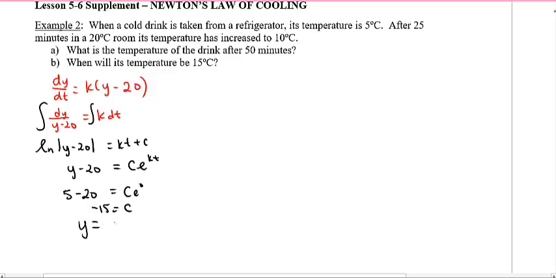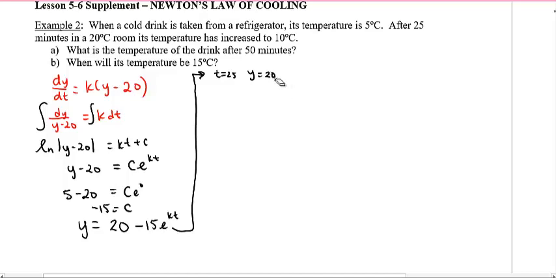Y then equals 20 minus 15 e to the kt. Gotta plug in the other piece of information after 25 minutes. So when t equals 25, what do we get? The temperature is now 20. Oh, sorry.